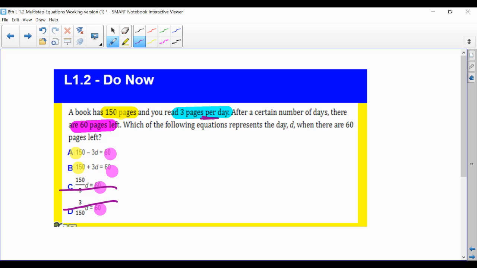We want to know when there's 60 pages left. So we're taking that total pages and we're subtracting from it to get down to how many are left to read. So we're subtracting those 3 pages per day. So we know in this problem, our correct answer is A.